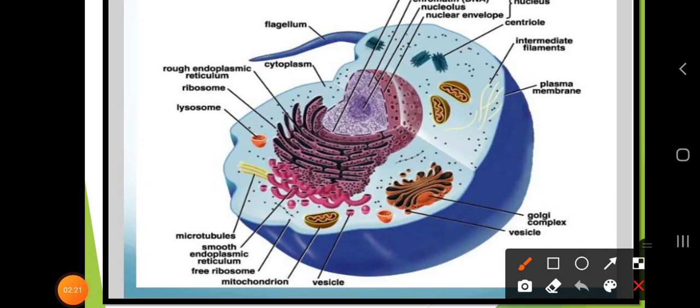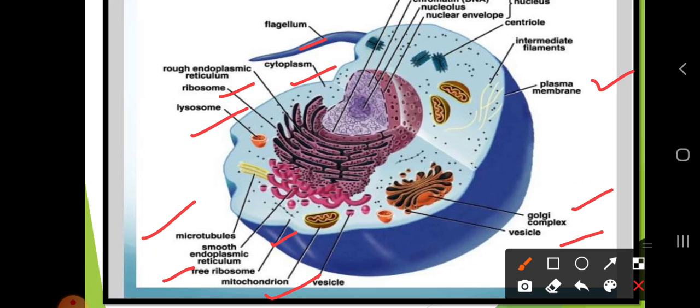In this image you can observe the typical structure of a cell. Many organelles are present here. First you can observe the plasma membrane, Golgi complex, vesicles, mitochondria, free ribosomes, smooth endoplasmic reticulum, microtubules, lysosomes, ribosomes, cytoplasm, flagellum, rough endoplasmic reticulum, nucleus, nuclear envelope.